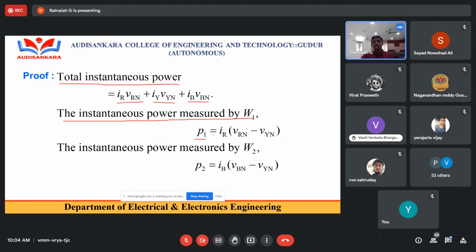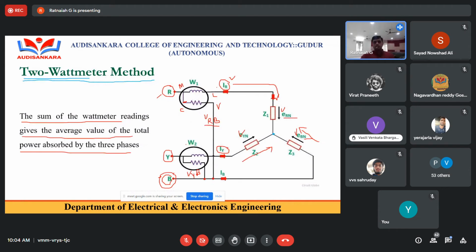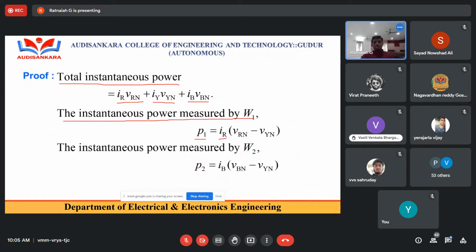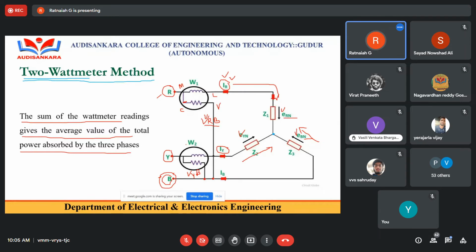P1 is the first wattmeter reading. The first wattmeter is connected with respect to IR and VRB, so I take IR multiplied with VRB. What is VRB? It is a line voltage.